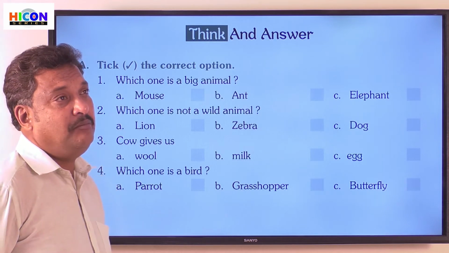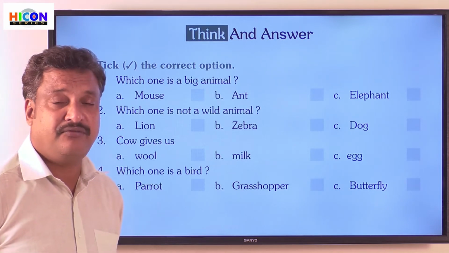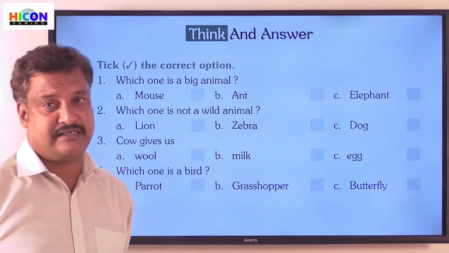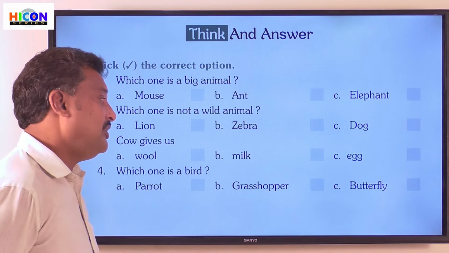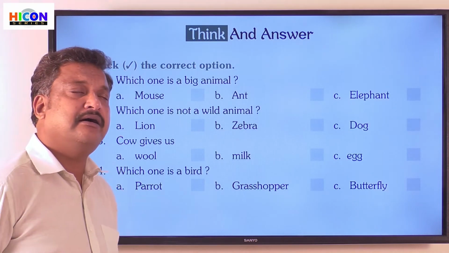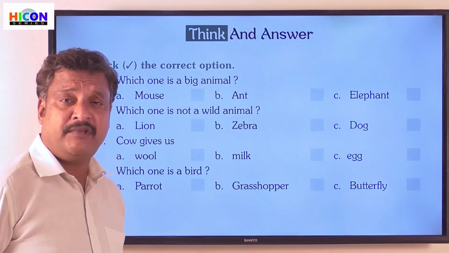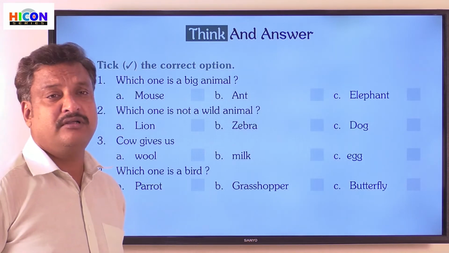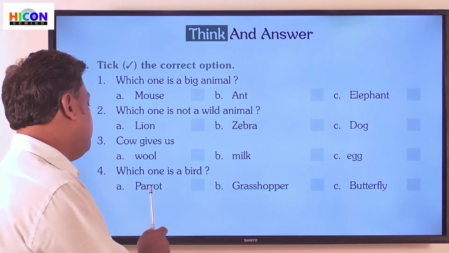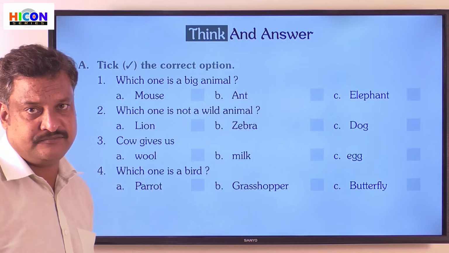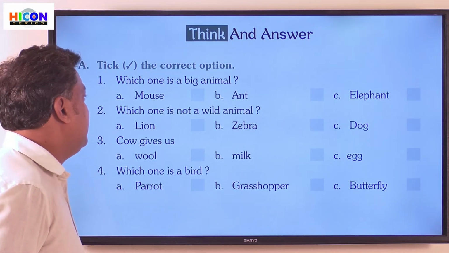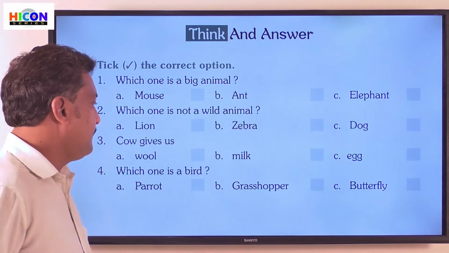So small animals, some of which may even fly, which have 6 or more legs are called insects. So grasshopper and butterfly are small in size, they can fly, and they have 6 or more legs also. So they are insects. And what is a bird? Parrot is a bird, right? Now I will answer all these in this frame and then we will read it once again. Okay?